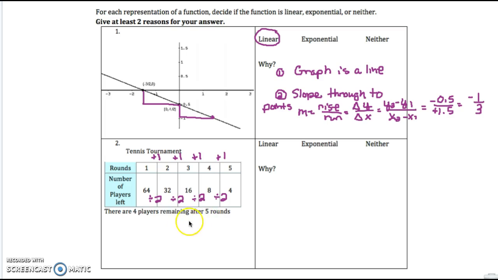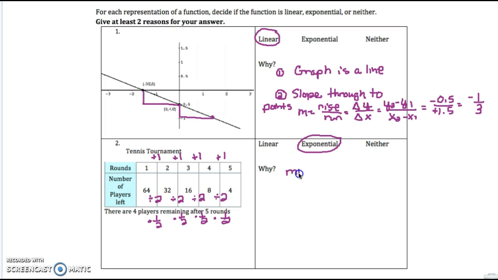So dividing is the same as multiplying by 1/2. And anytime we're multiplying, we are going to have a function that is exponential. So our table shows us that this is exponential.